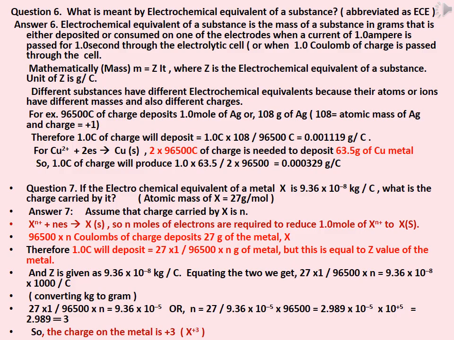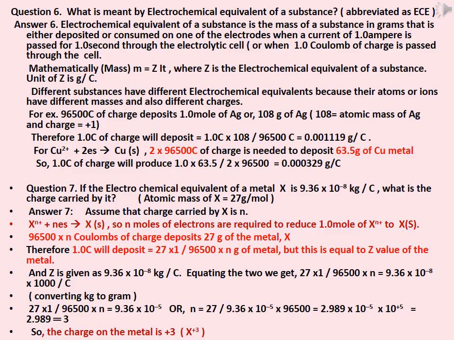So 9.36 into 10 power minus 8 kilogram must be converted into grams. We'll keep that in mind. Once again, the problem: if the electrochemical equivalent of a metal X is 9.36 into 10 power minus 8 kilogram per coulomb, what is the charge carried by it?